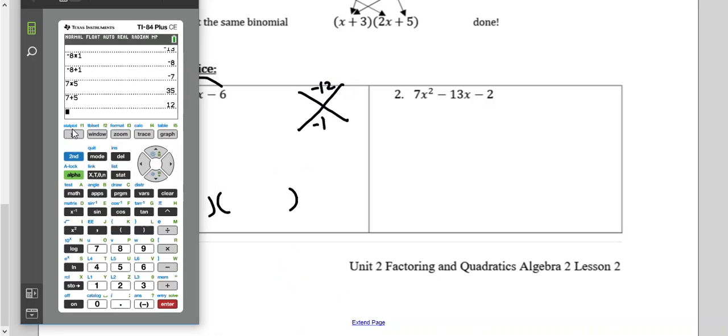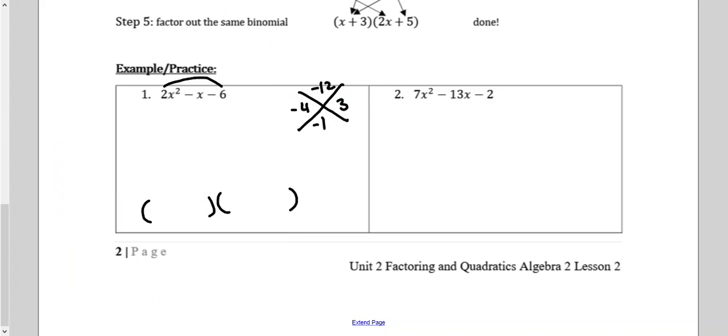I'm going to go to my calculator, put it in my equals, -12 divided by x, and then go to my table and look for factors that add up together to give me -1. Alright, so I have here -4 and 3. -4 plus 3 is, let me check, -1. That works. So my two numbers I'm going to use are -4 and 3.